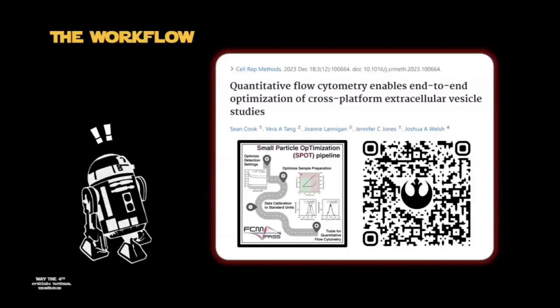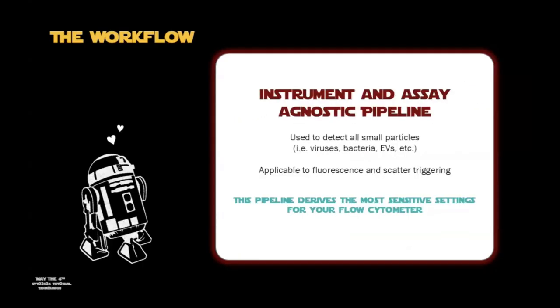This workflow was published in 2023, and it is essentially a quantitative flow cytometry method that enables end-to-end optimization of cross-platform extracellular vesicle and small particle studies. Importantly, this is an instrument and assay agnostic pipeline.